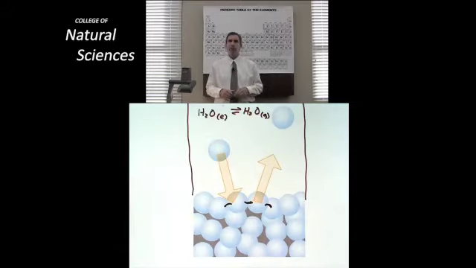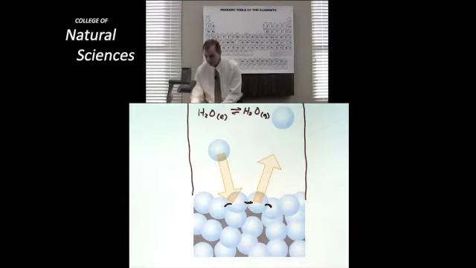Water, about 24 torr. Benzene, around 90 torr at room temperature. The question is, can I develop a quantitative model for how this works? Can I develop a model that would allow me to actually stick numbers into an equation and spit out an answer for what the vapor pressure would look like?